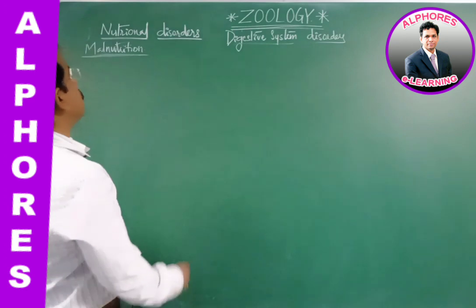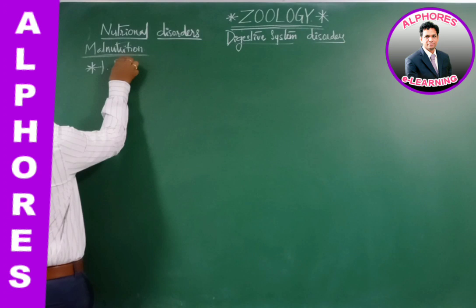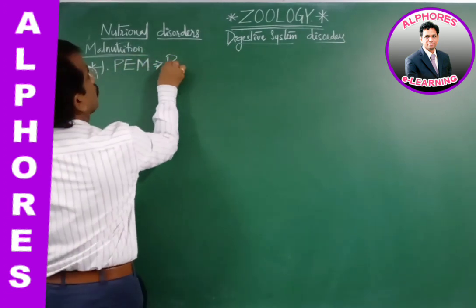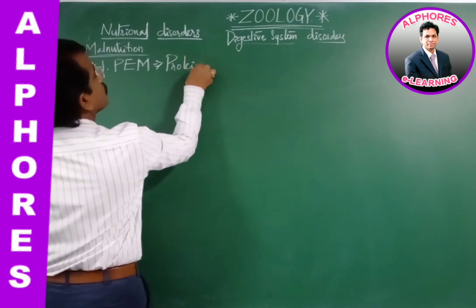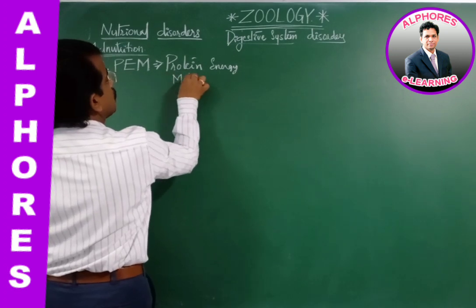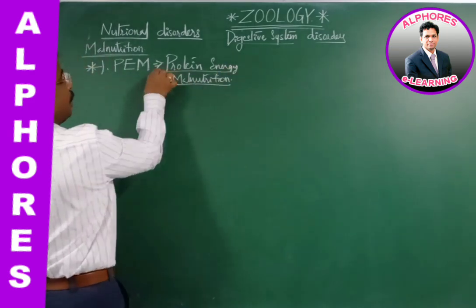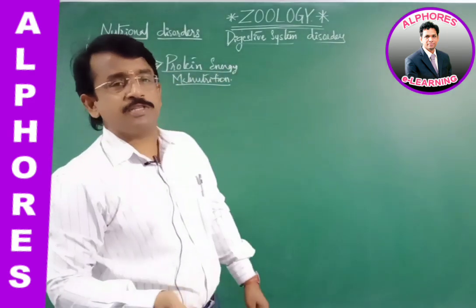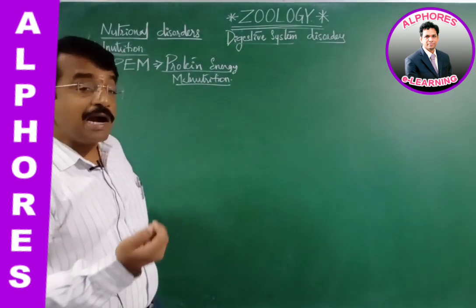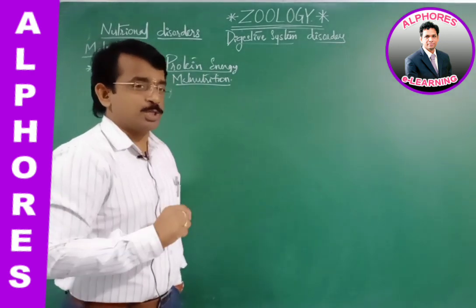In this connection, first of all, we'll discuss the PEM, protein energy malnutrition. Just now I told you, malnutrition in the sense either it is excessive taking, or else less than the normal, or else deficiency.